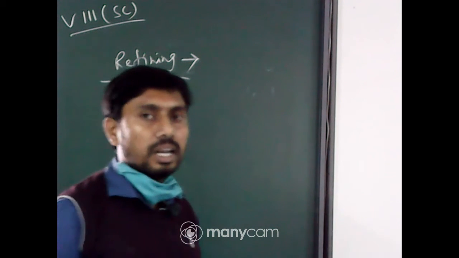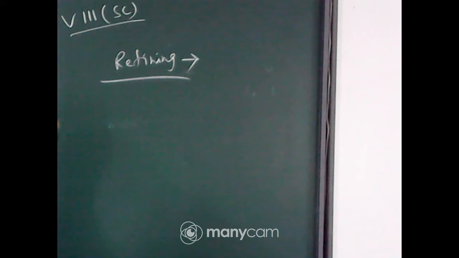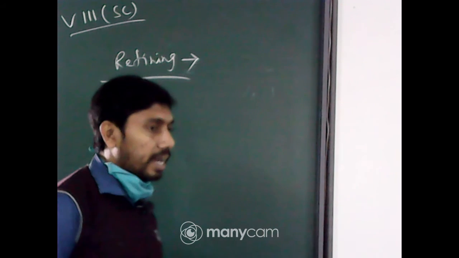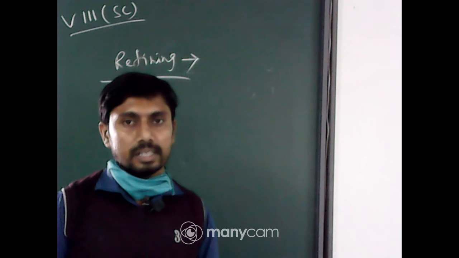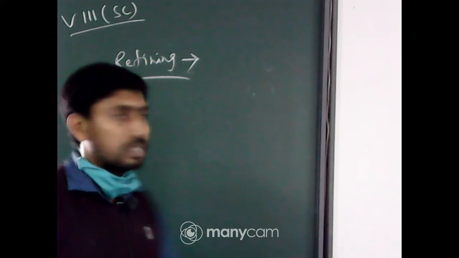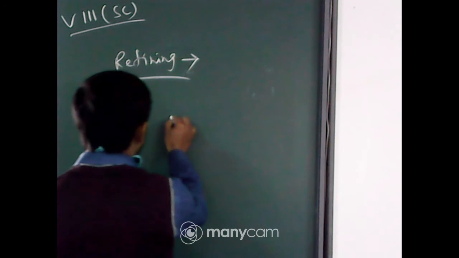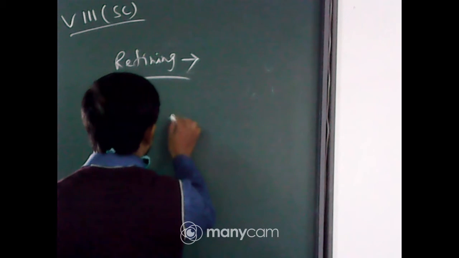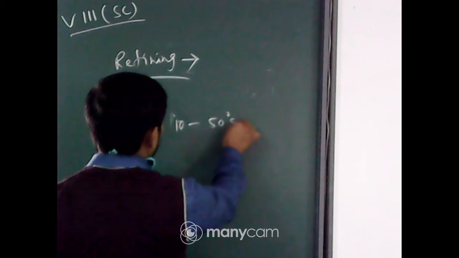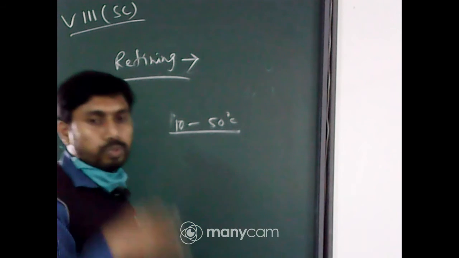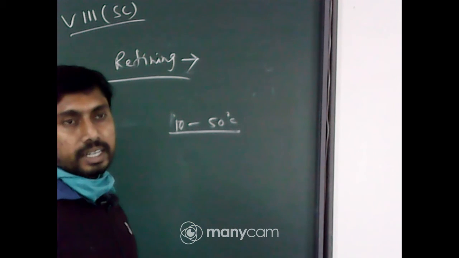Here the fractional distillation process is used. In fractional distillation we have to heat the substance in a definite temperature range. Suppose we have fixed the temperature from 10 degrees to 50 degrees; the substance which evaporates should be collected.